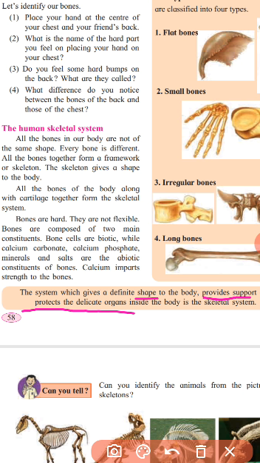Always remember three things: it gives shape to the body, provides support, and protects the delicate organs. This is the answer if I ask what the skeletal system is. Hope you understood.